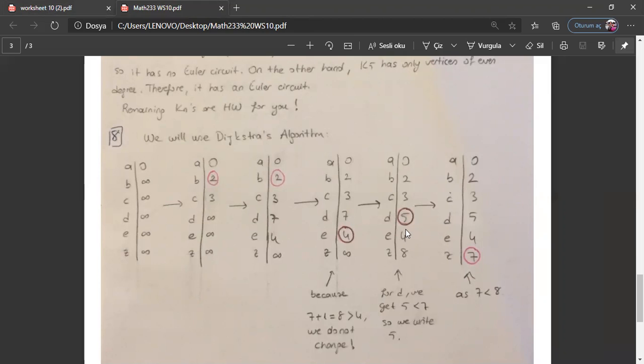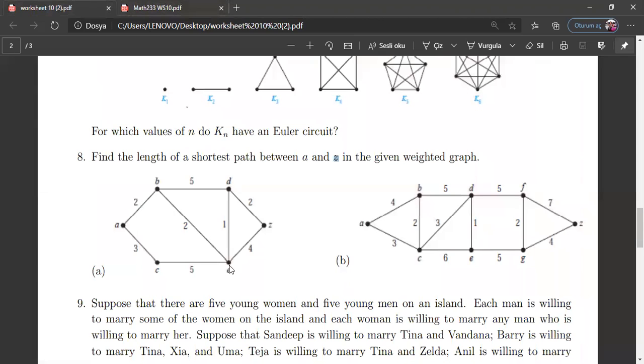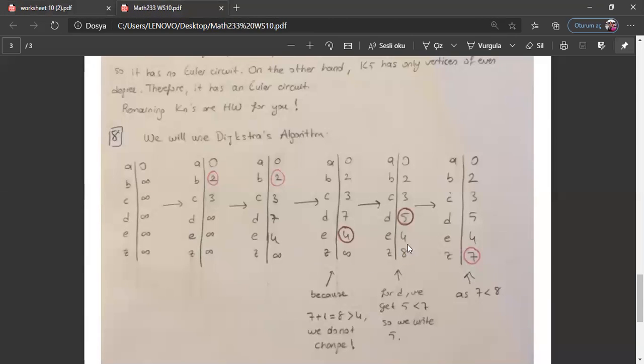We don't change anything for E because we had 4 before, which is the least one. What about Z now? If we go from E to Z, we had 4 before and we add 4 again, so we have 8. We already changed the corresponding number of D because we had 7 before and now 5, and 5 is less than 7.